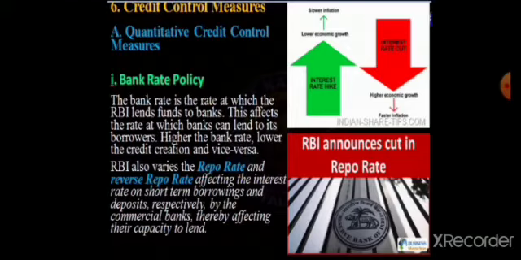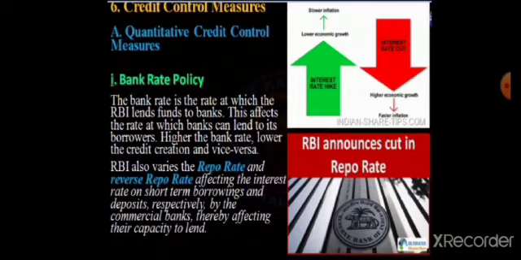If the rate of interest on bank rate is higher, then the credit creation will be lower. If the bank rate is lower, then credit creation will be higher, which is known as vice versa.